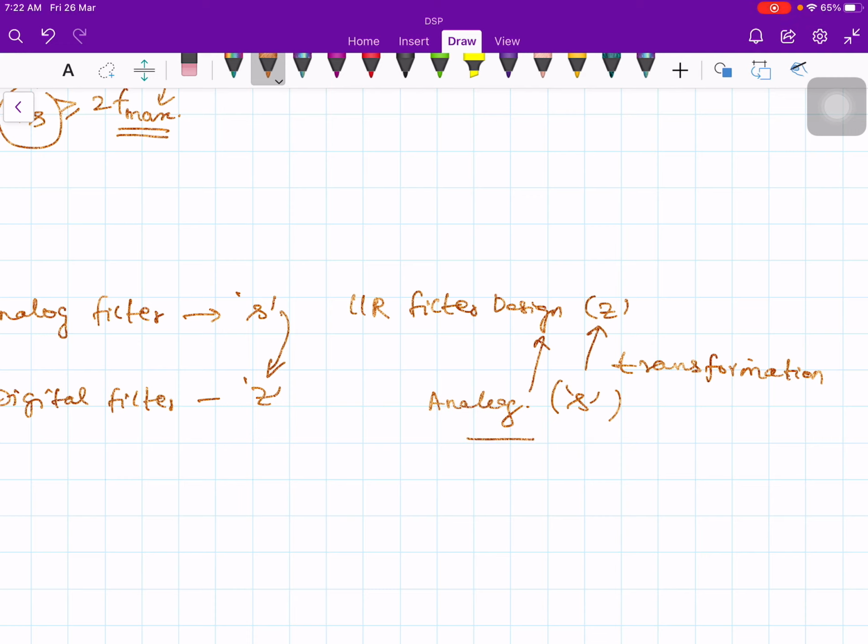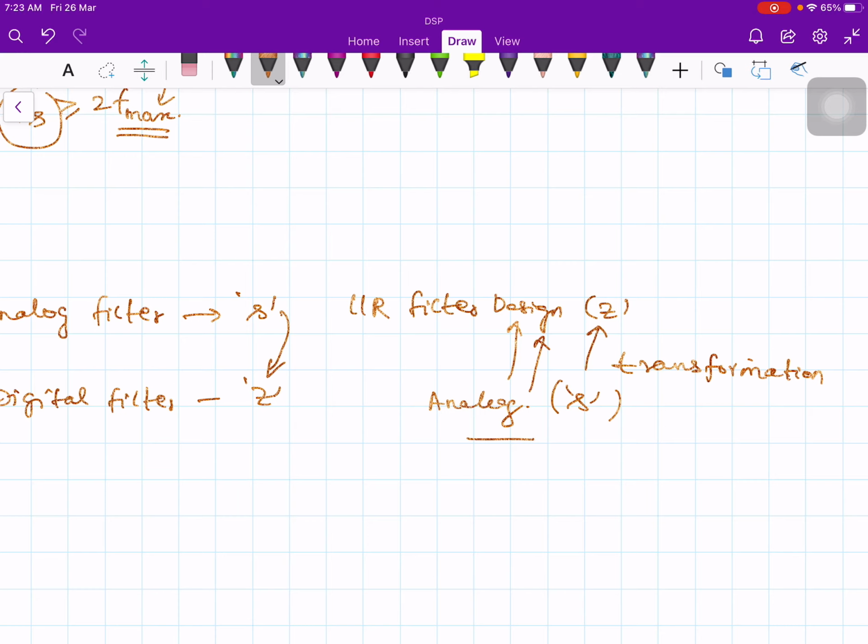So in the first step, we get the specifications of the IIR filter, and then you convert them into digital normalized frequency specs. You convert them to analog filter design specs, design the analog filter, and then go back to the Z plane through the S plane, the S plane to Z plane transformation.